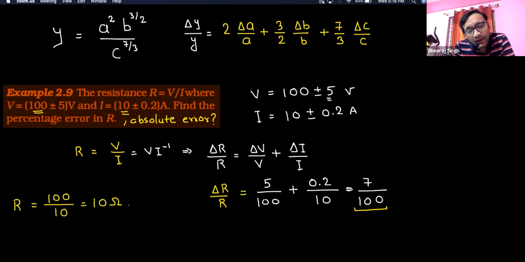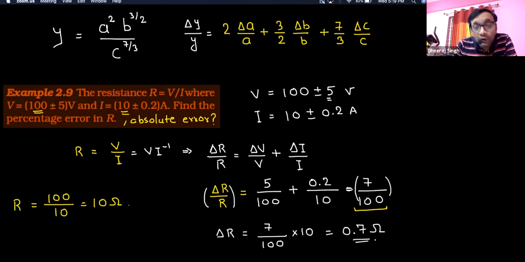Fine. Delta R by R is 7 by 100. So delta R is 7 by 100 multiplied by 10, which is 0.7 ohms. So if you want to write the reading for R, you should write like this: 10 plus minus 0.7 ohm.